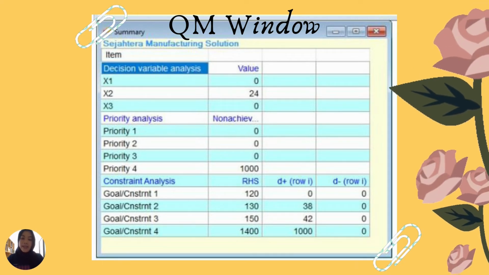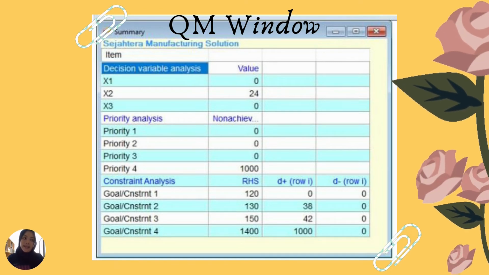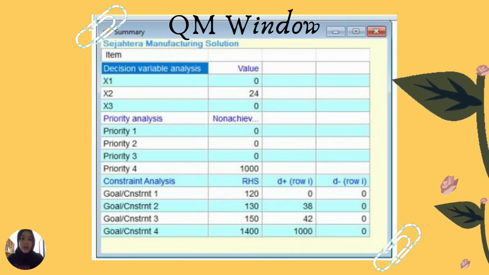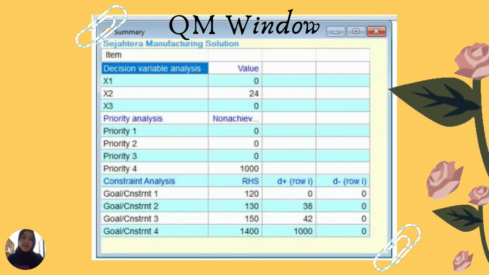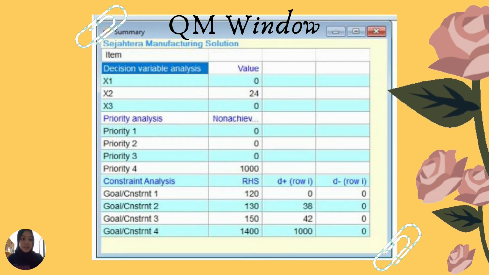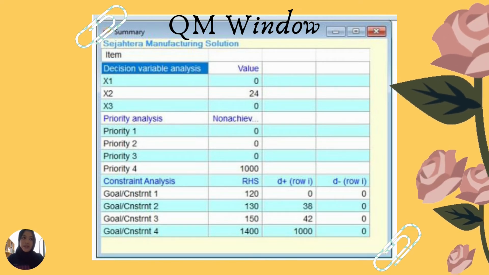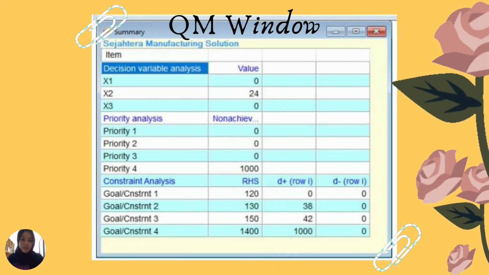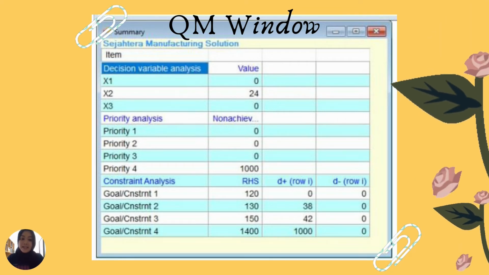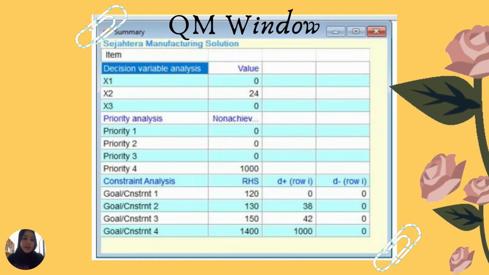Here we can identify which priority and constraint is fully achieved or overachieved. If the value is 0, that priority is fully achieved. But if the value is greater than 0, that priority has been overachieved by a certain number of units.